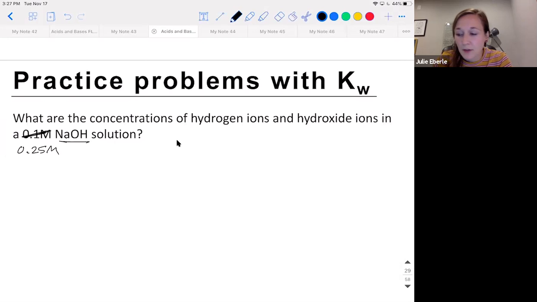It's a strong base, right? OH minus is the strongest. So we can write the same kind of expression. What products will we get? It'll be complete dissociation. We will get Na plus and OH minus.